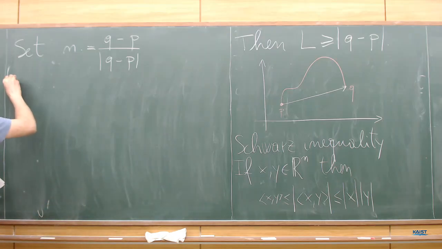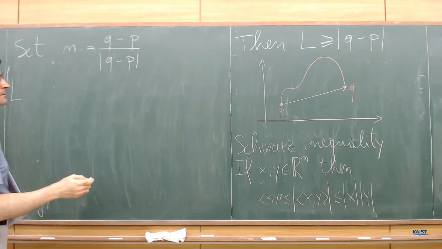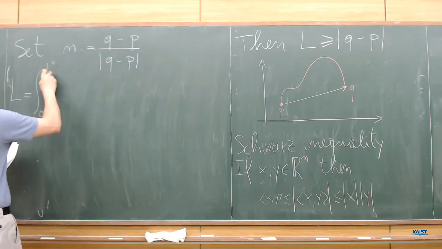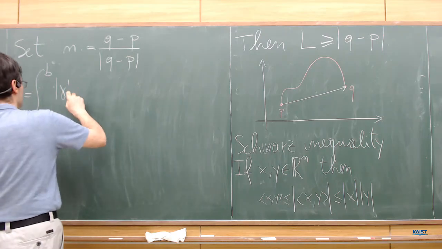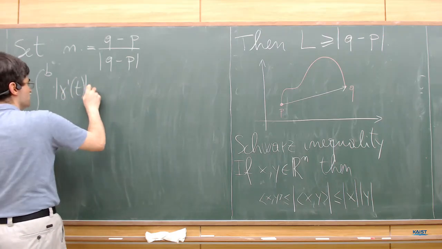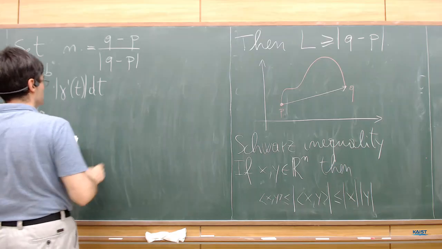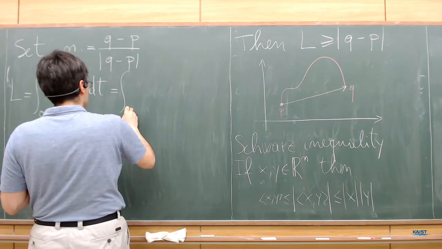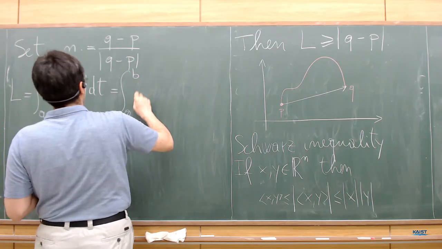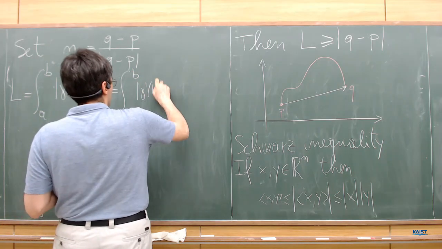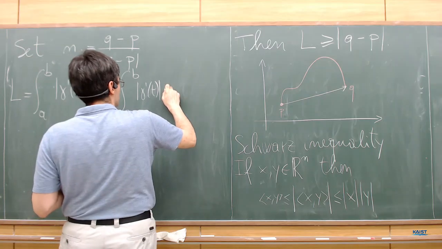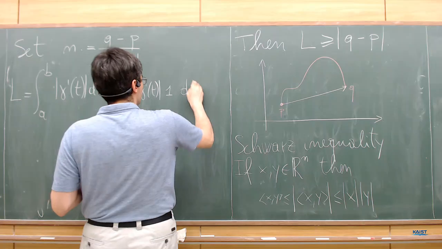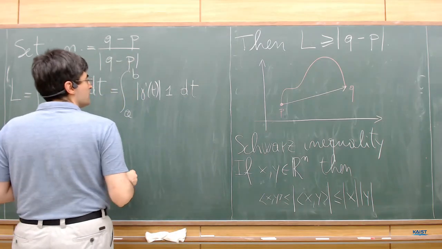The length of the curve gamma, as announced before, is the integral from a to b of the length of gamma prime of t dt, and this can be written as the integral from a to b of the length of gamma prime of t times 1 dt.